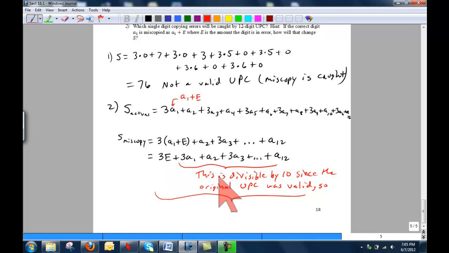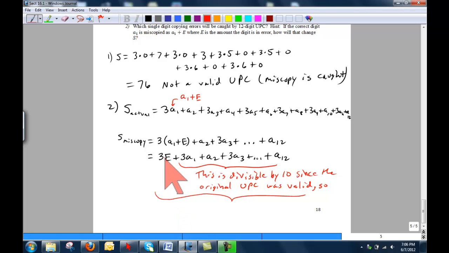If you look at an example, suppose this is like 90, and then you ask, well, what could I add to 90 to make a sum divisible by 10? The answer is you have to add a multiple of 10. 90 plus 20 is divisible by 10 because 20 is, but 90 plus 21 is not divisible by 10 because 21 is not divisible by 10. So it all boils down to whether 3E is divisible by 10 or not.